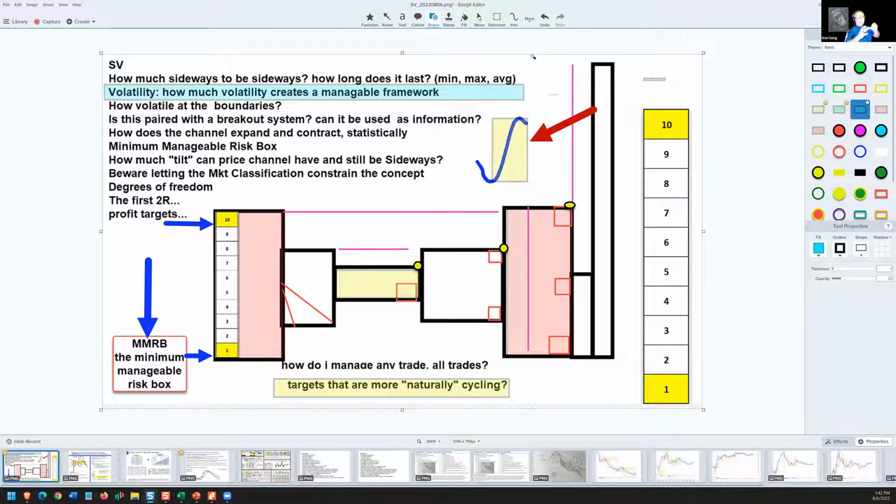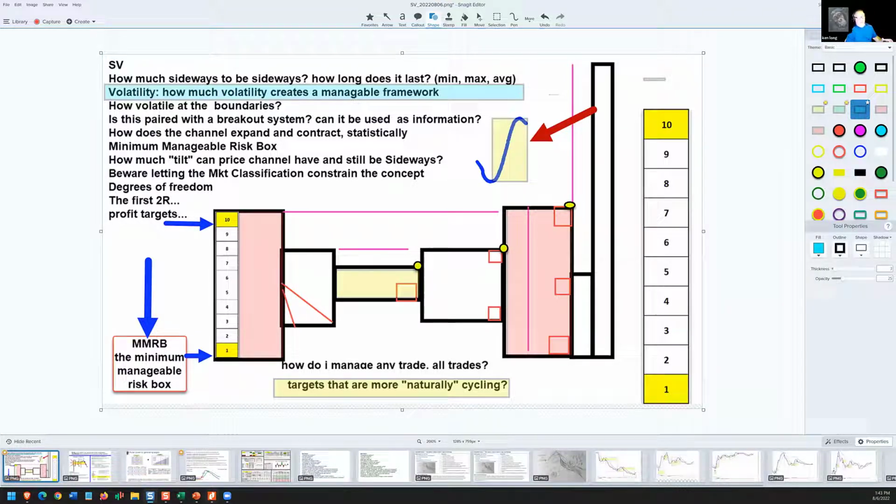If that's my manageable box, I can now express the expected travel distance between the resistance and the support as some multiple of manageable boxes. I'm just going to show you some concept of 1 to 10.